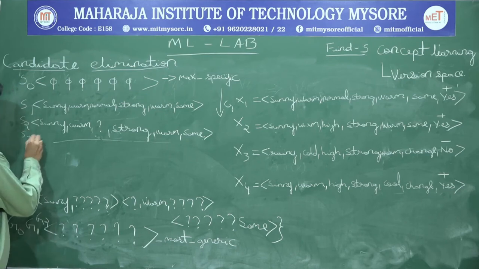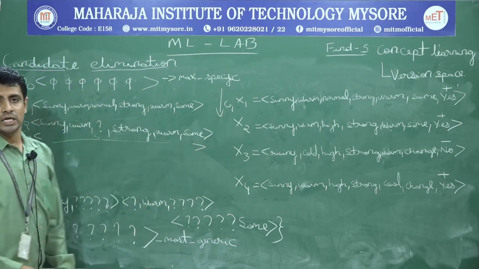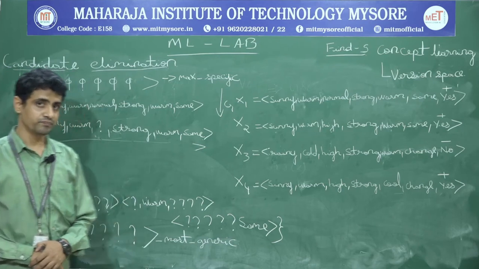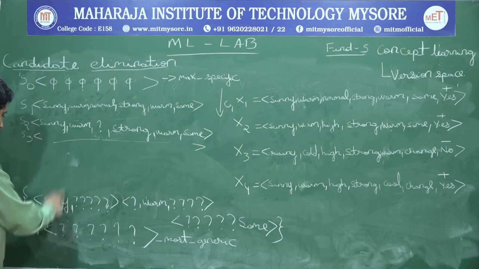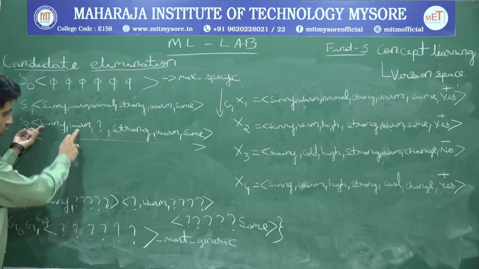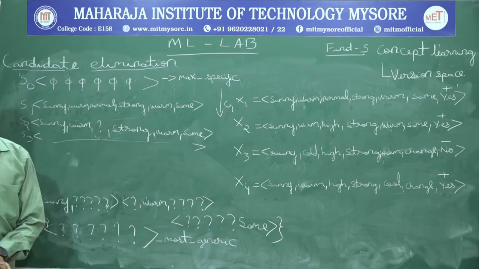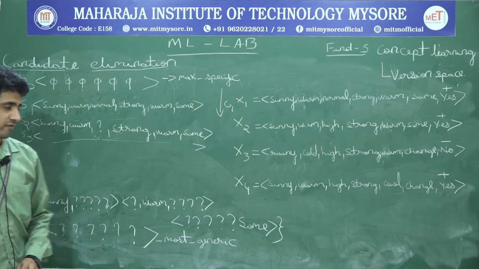Now I need to find out S3. Does S3 change with respect to the given generalized one? I guess S3 will remain the same. Why? Because when compared with this, sunny is there, warm is here, and same is here. So your S3 remains the same. Let me write it for you all.